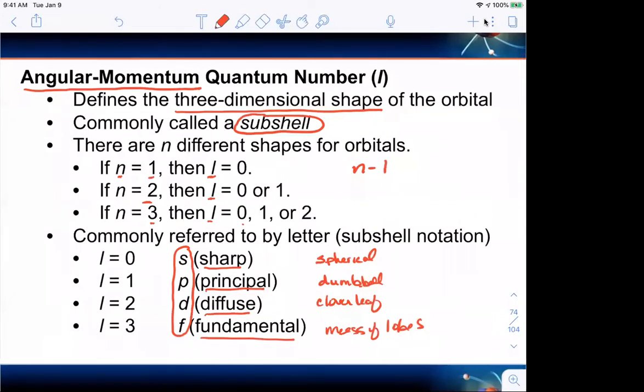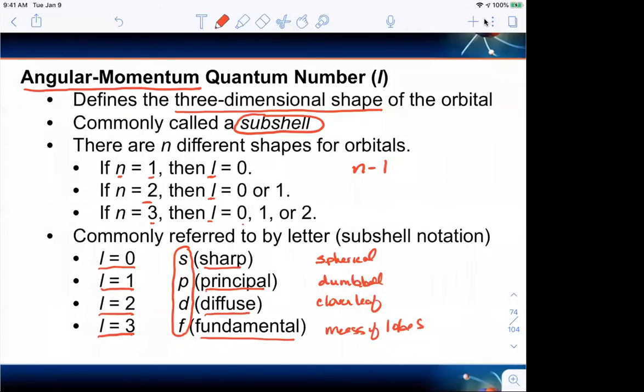But the important thing is, S is always the first orbital in a subshell, and S is always L equals 0. If I know I have S, P, D, F, each one of those types of orbitals increases in energy, and my L value also increases.